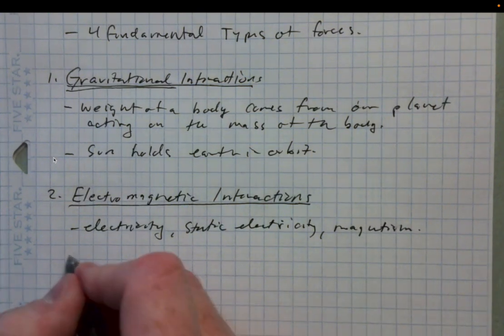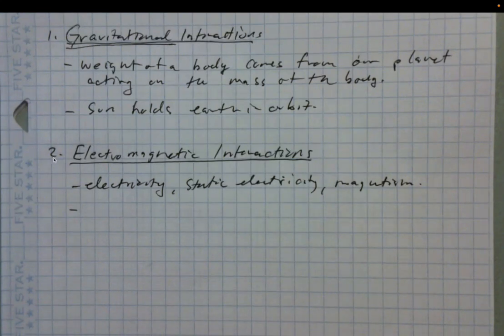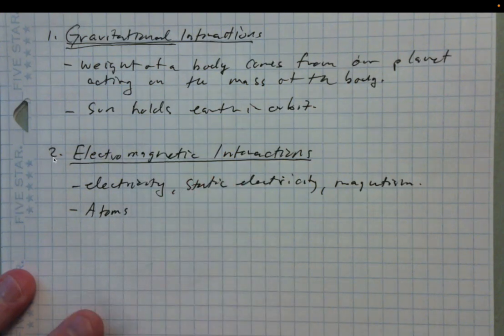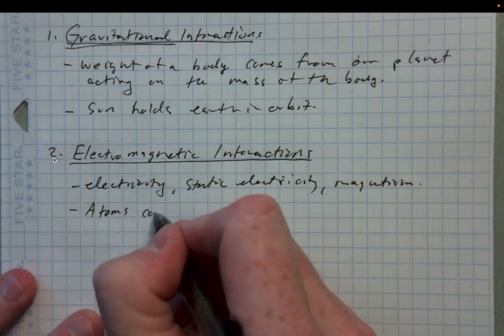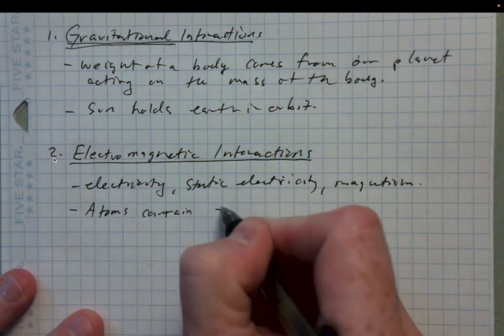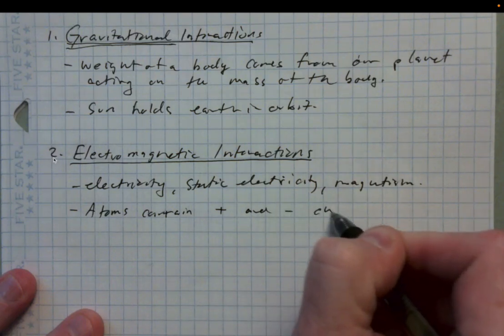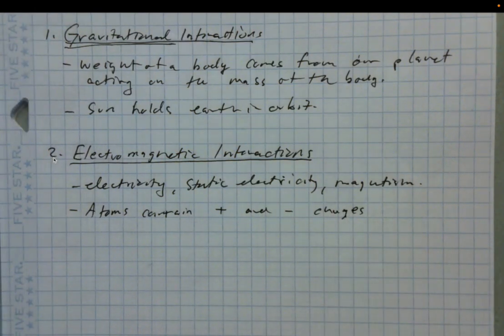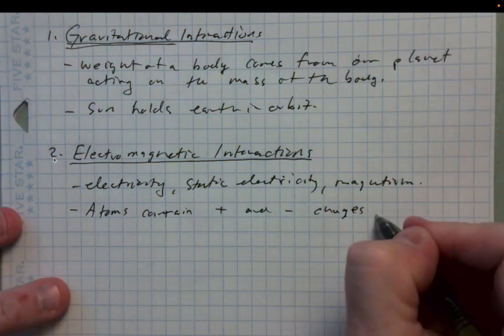And so without going into the details of what is electricity, because that'll come in a future lecture, basically atoms contain positive and negative charges, and imbalances can produce force between bodies.